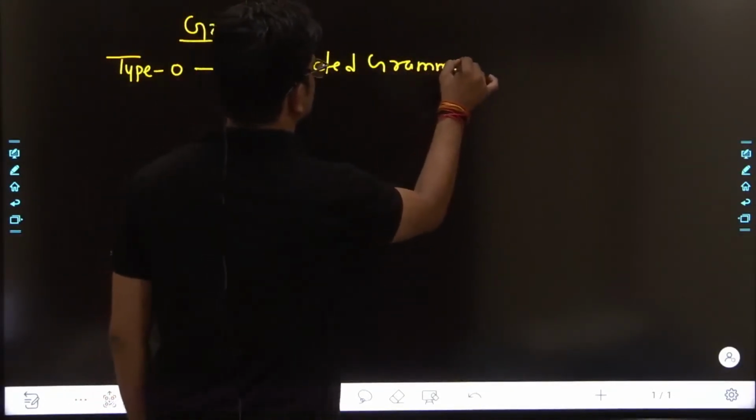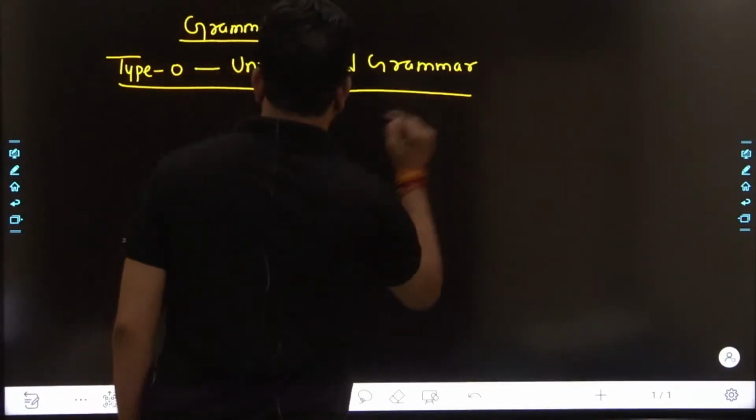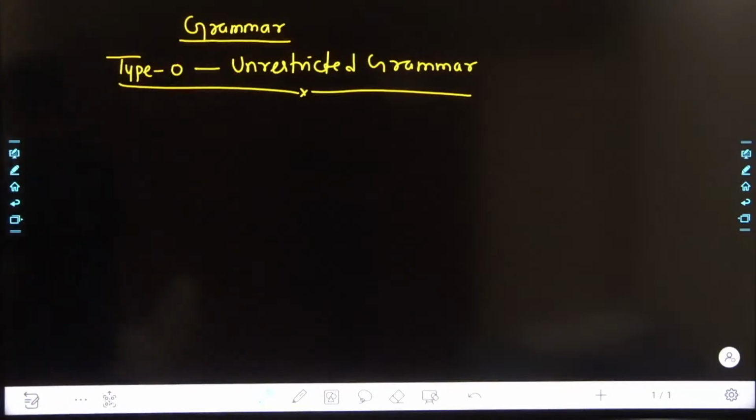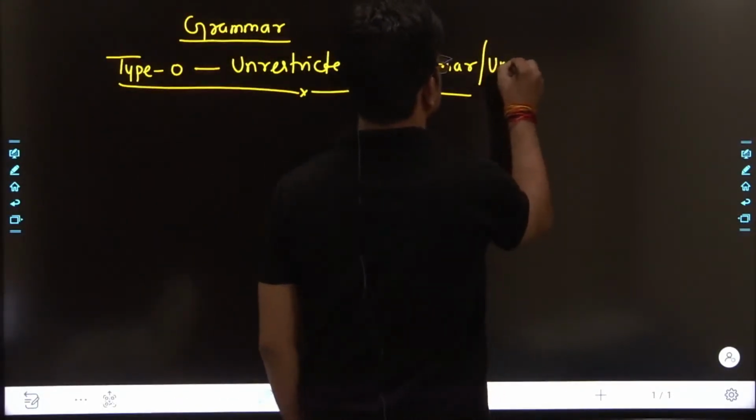It means there is no restriction. It is also known as universal grammar.